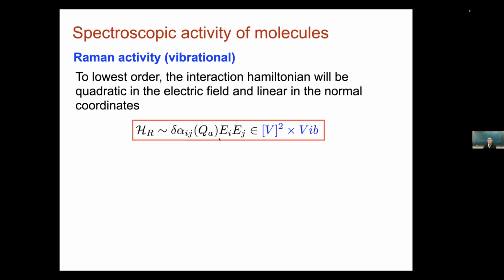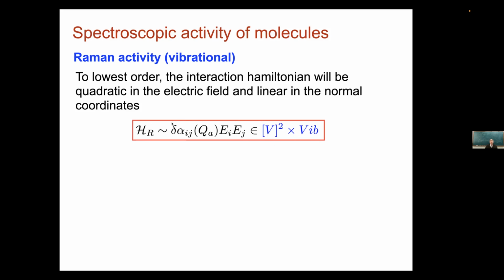So alpha_ij times a_j. And then I have to take the scalar product of this with the electric field. So by a slightly different method I reach the conclusion I already pointed out, that this Raman Hamiltonian lives in V square corresponding to alpha, delta alpha, times V.